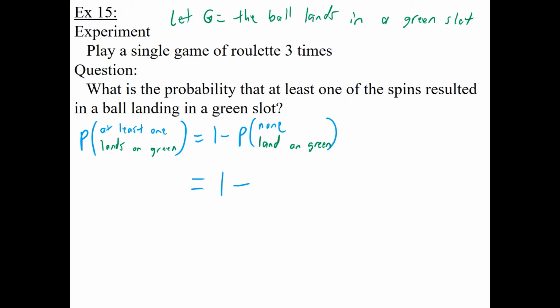Now, to find a probability of none, you're going to have to do a separate calculation because you're not going to be able to do it very fast. So let me just leave this alone for now and get some separate space here to work on the probability of none part. So I'm working on probability that none land on green.